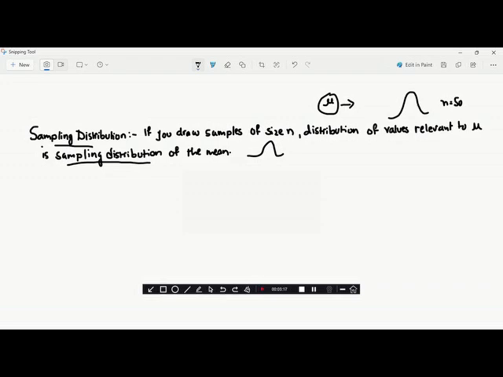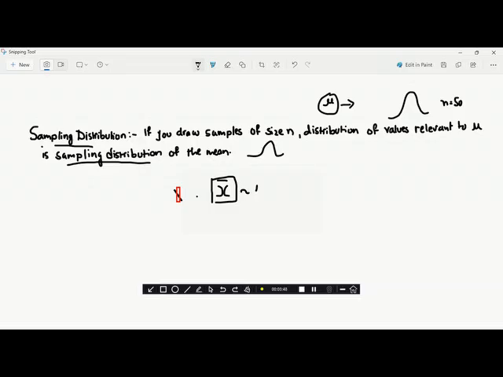So if you were to take this concept and use a formula to express it, this formula will be: let's say this is your x random variable, your random variable with the sample mean.